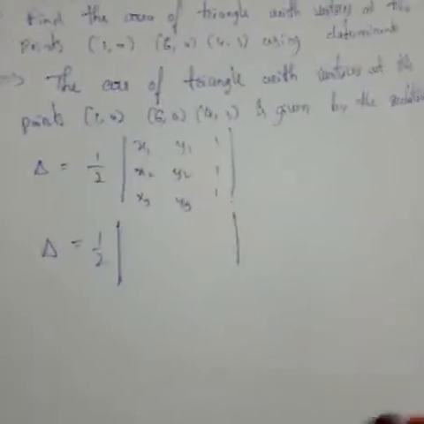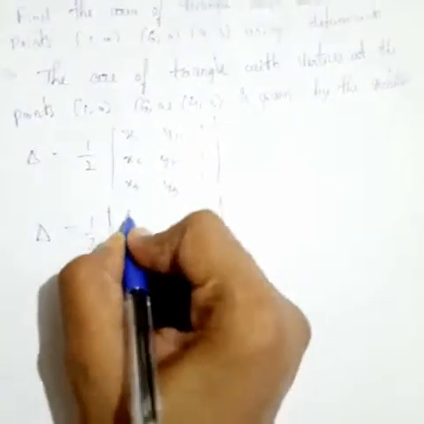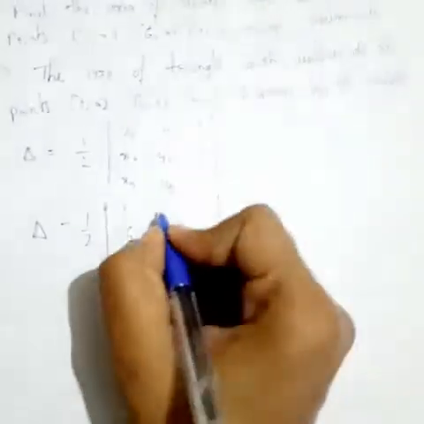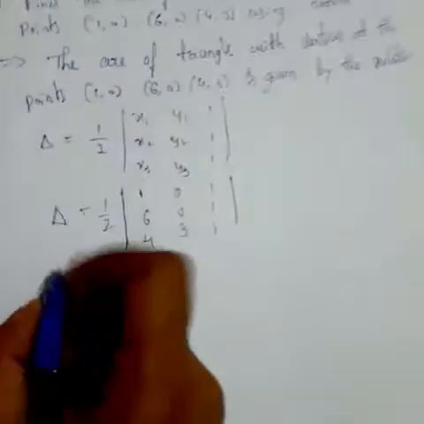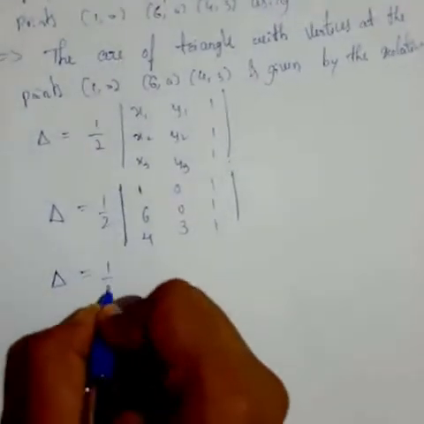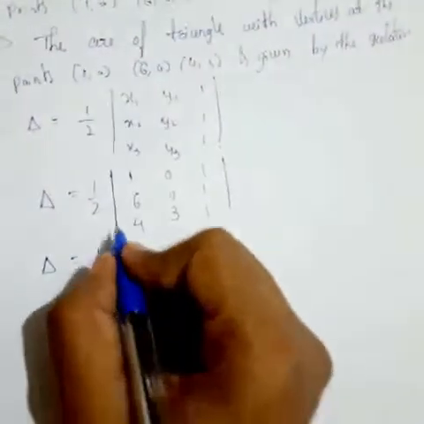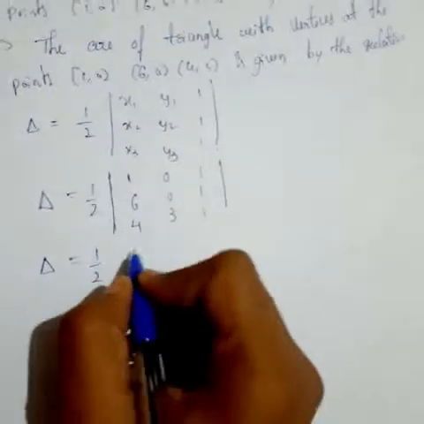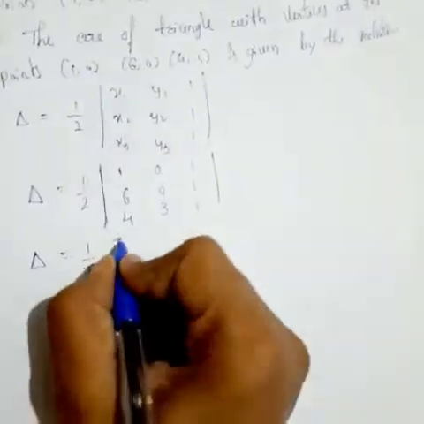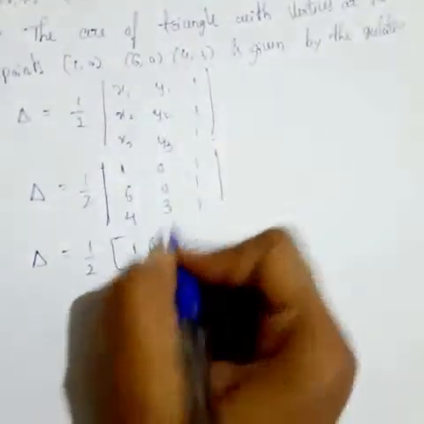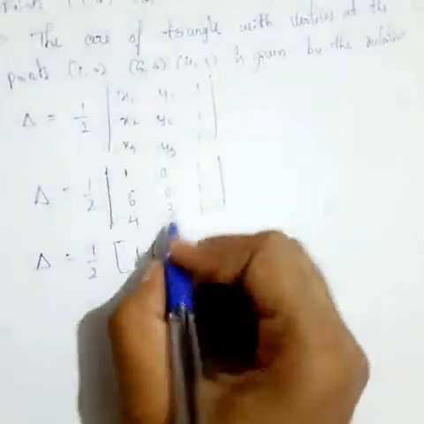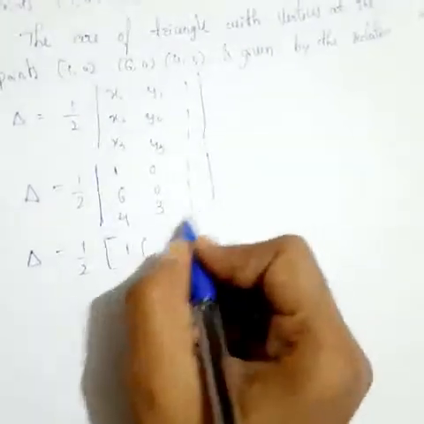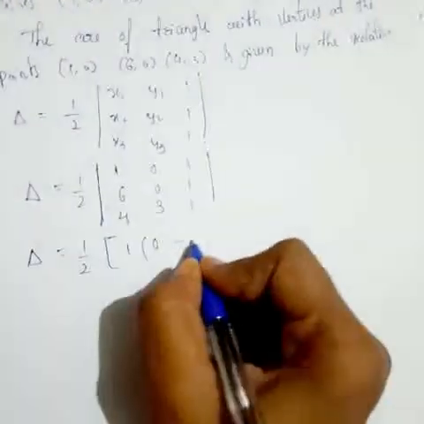Yes, put the values 1 6 4, 0 0 3, 1 1 1. Just determine this matrix, that is a determinant of 3 cross 3 order. See here, you know how to determine this. First element, leave the first row and first column, you will get 0 3, 1 1. Determinant of this: 0 into 1 is 0, minus 3 into 1 is 3.